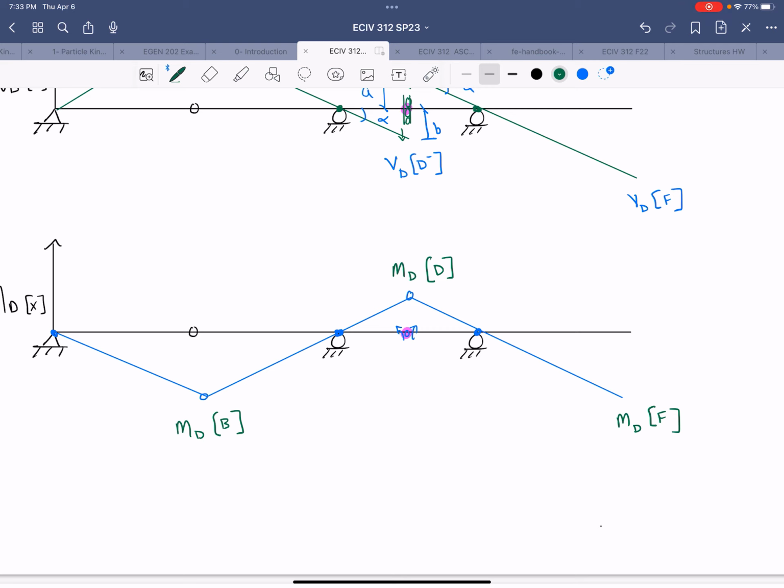So if we consider the total rotation at the hinge, that would be this angle right here. So that's going to be equal to alpha plus beta, which is 1. So we'll call alpha the slope of this line, and beta will be the slope of this line.